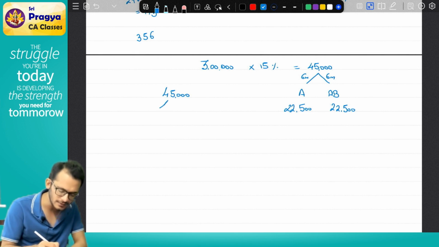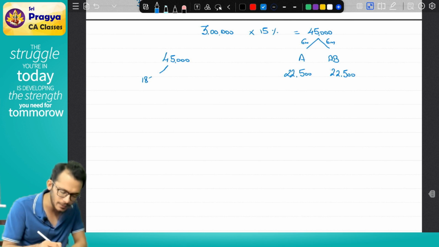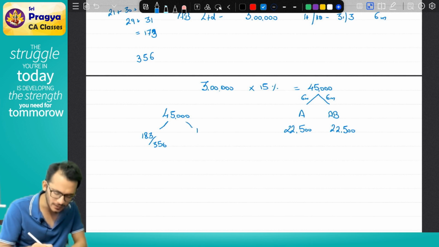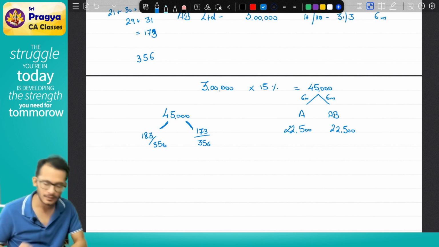For A Limited it will be 183 by 356, and for AB it will be 173 by 356. Yes or no?